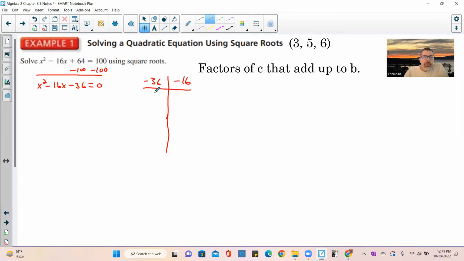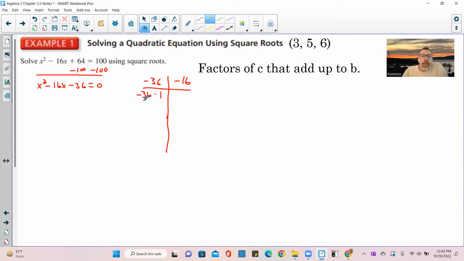Factors of negative 36 are negative, and I want a negative sum, so I know my larger number is the negative and my smaller number is positive. Negative times a positive is negative, and a big negative plus a small positive gives you a negative sum.